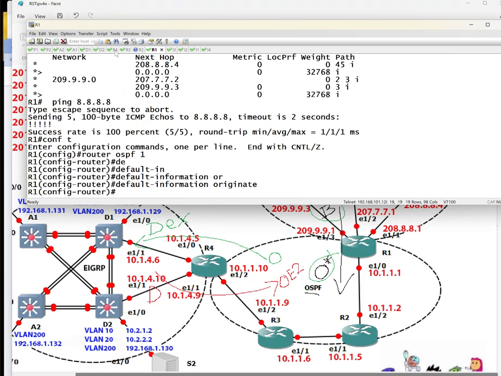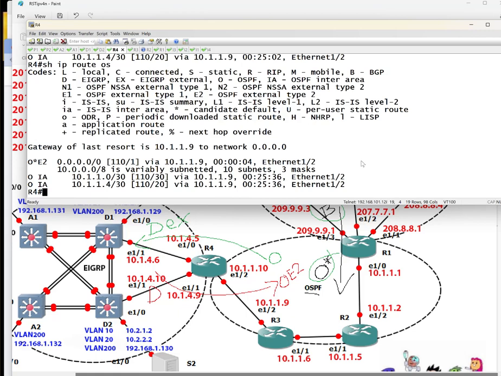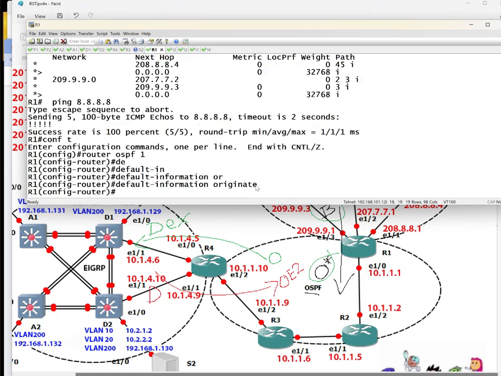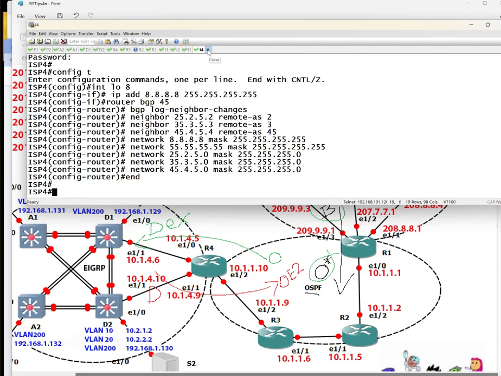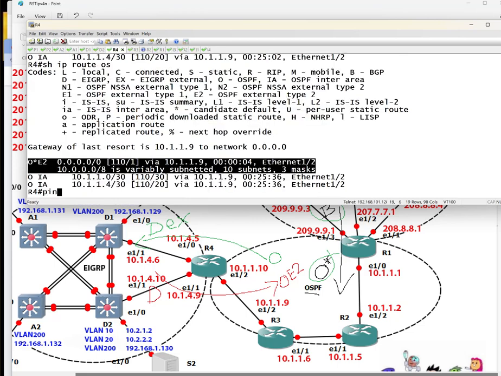Watch it. Go to R4. See this one? It's because of a single command. And because of that single command, 8.8.8.8 from ISP4 can now be reachable, pingable from R4.